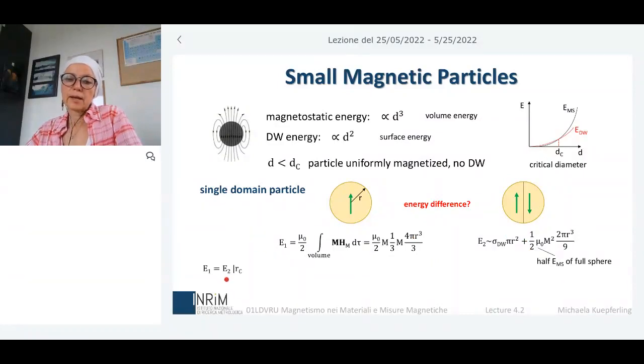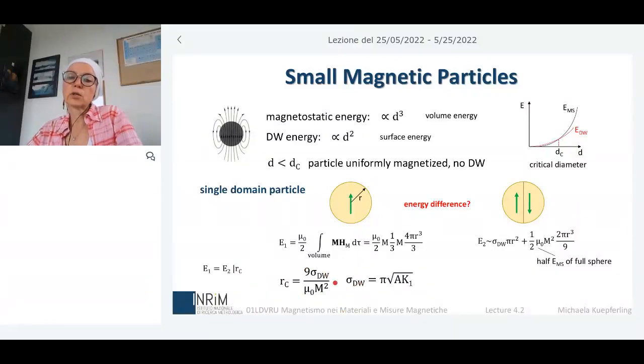So at a certain critical radius, these two energies are equal, and from this we can calculate this critical radius, and you see this expression here.